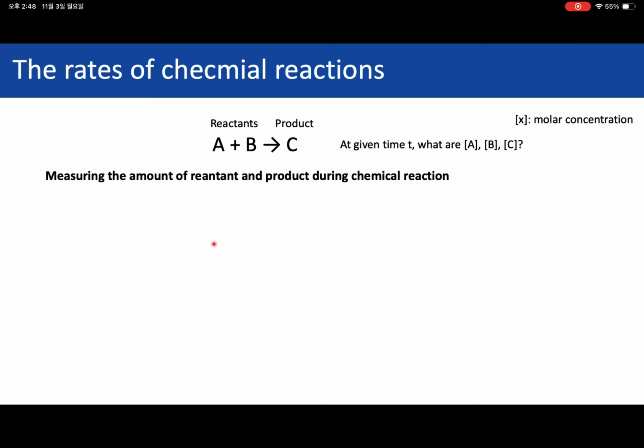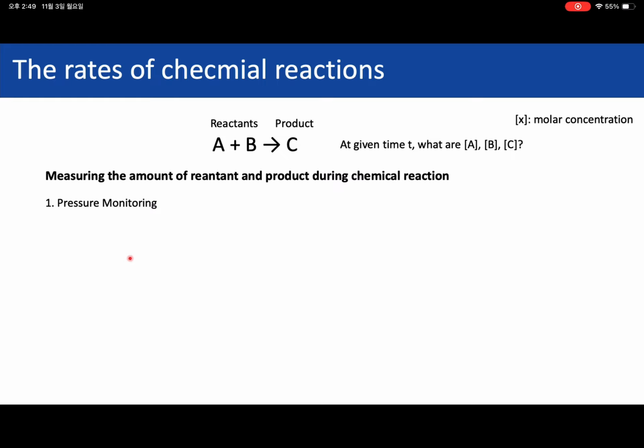Then let's discuss how we can measure this amount in the chemical reaction in experiment. One method of measuring the concentration of reactant and product is measuring the pressure of the system where the chemical reaction is occurring.